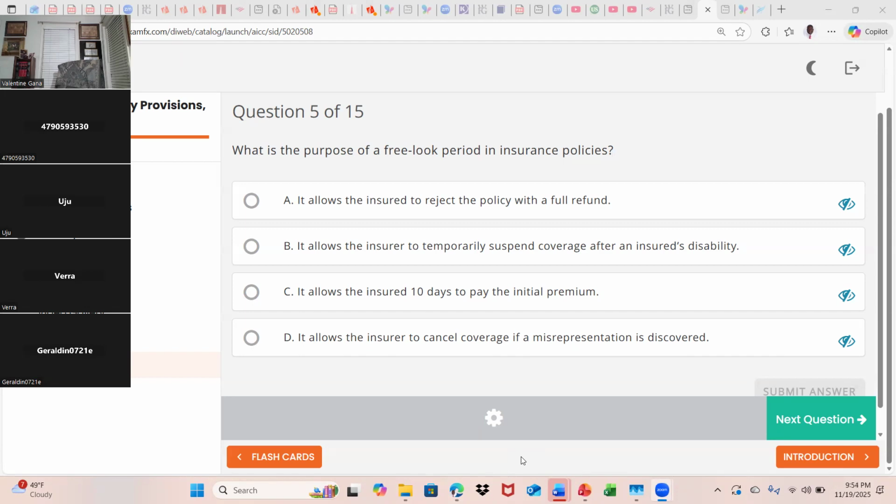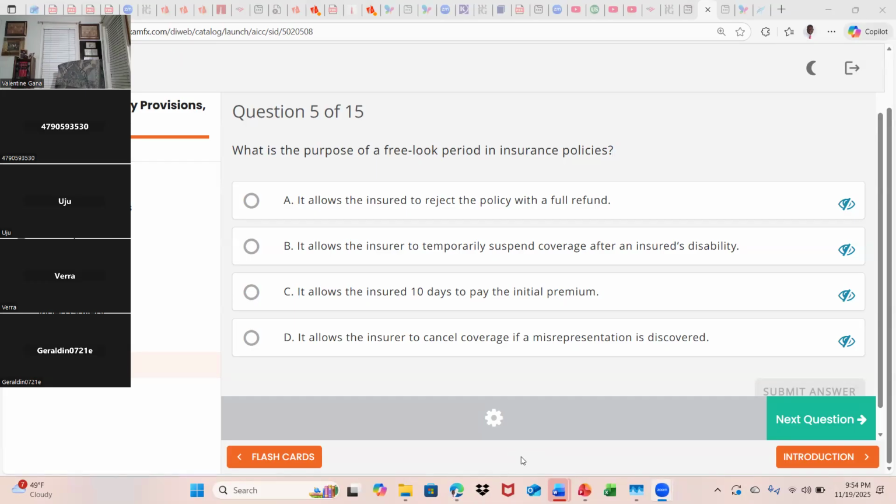First, let's try to find out what a free look period is.